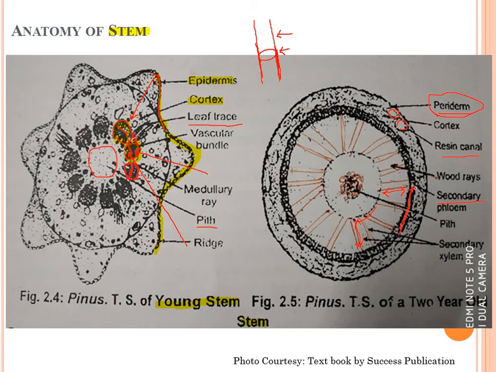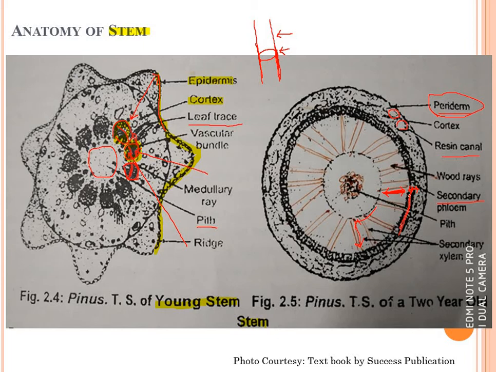Therefore, the length of secondary xylem is somewhat more than the length of secondary phloem, and this secondary xylem and secondary phloem is formed by the cambium ring.